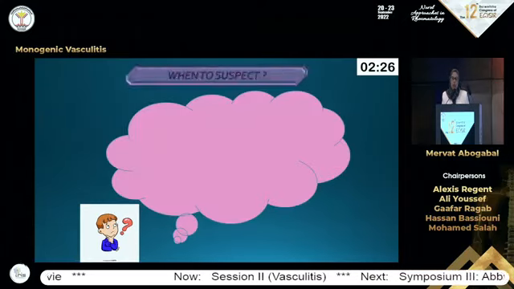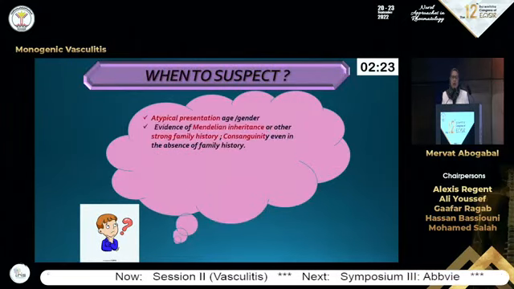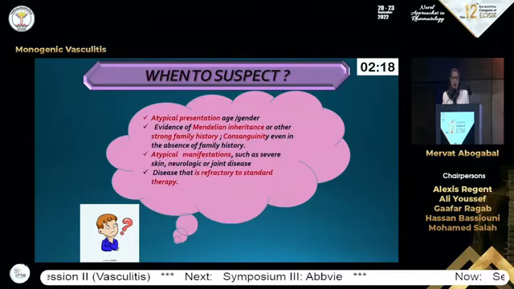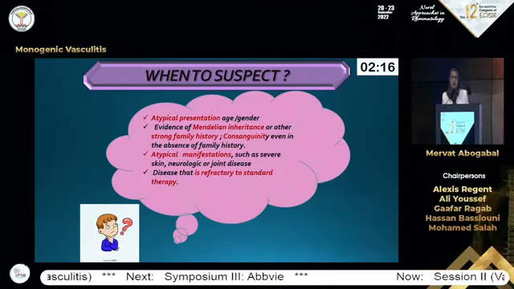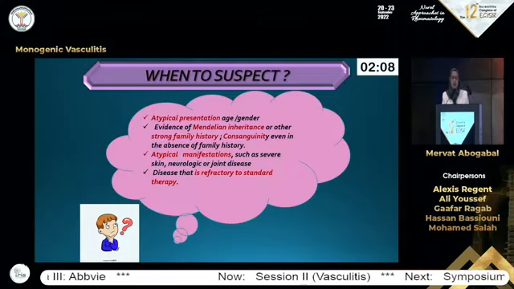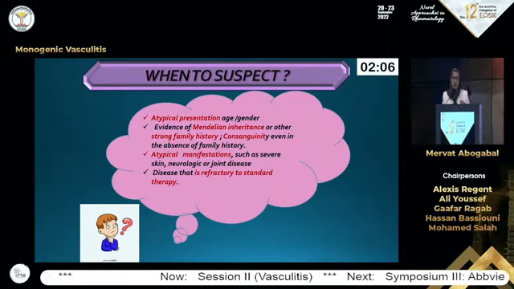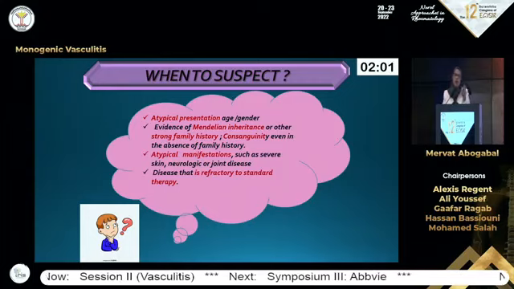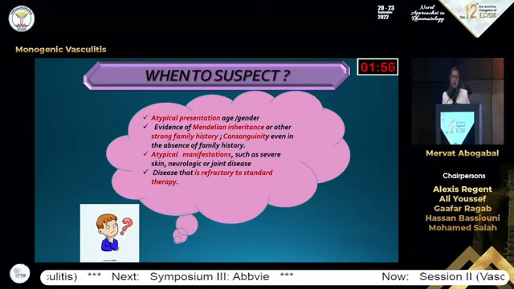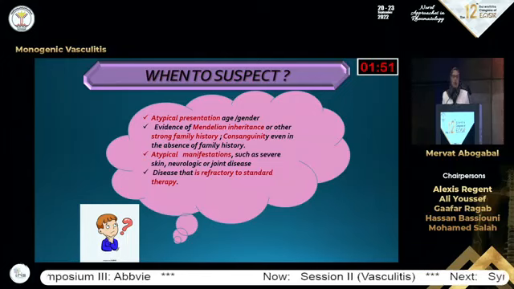The most important question now: when to suspect the presence of a monogenic variant of disease, especially in vasculitis? This must occur when there is atypical presentation regarding age or gender, when there is a strong family history, strict Mendelian inheritance or consanguinity in the family, when there is an atypical manifestation like a picture of polyarteritis nodosa and necrotizing vasculitis but with early stroke and positive family history, or with associated glomerulonephritis, which is not characteristic of polyarteritis nodosa.